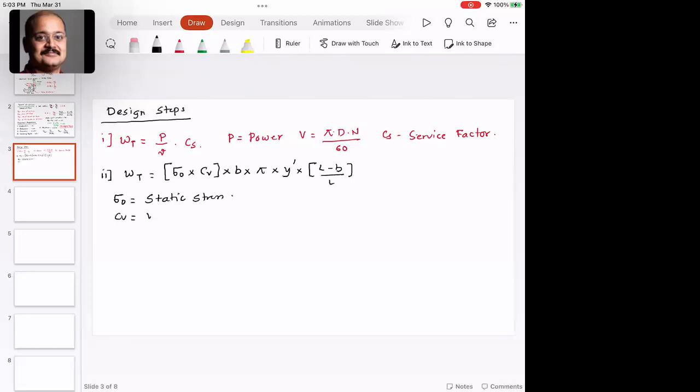sigma naught is equal to static stress, CV is equal to velocity factor, then B is equal to face width. For bevel gear, the face width proportions are 12 times module to 20 times module. Y prime is Lewis's factor.